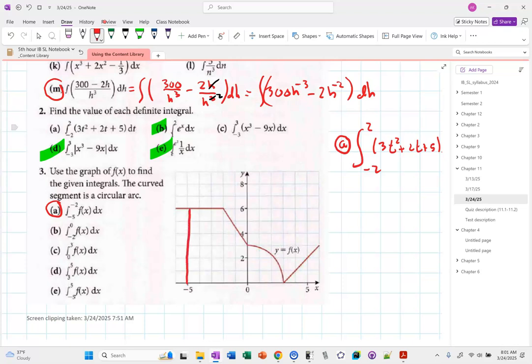So there's -5, and here's -2. So what shape is that? A rectangle. What is the area formula for a rectangle? Length times width, right? So this side is 6, that side is 3, so this area is 18. So we're done, right?